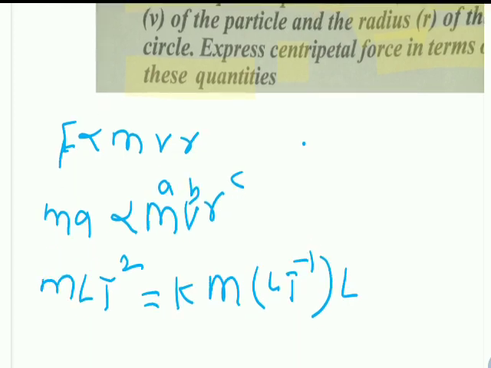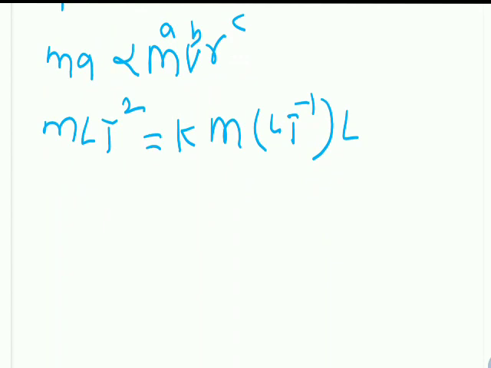So M, V means L T inverse 1, by into L. So here M to the power of A, V to the power of B, R to the power of C. Then here F means M is equal to 1, L is equal to 1, T is equal to minus 2.